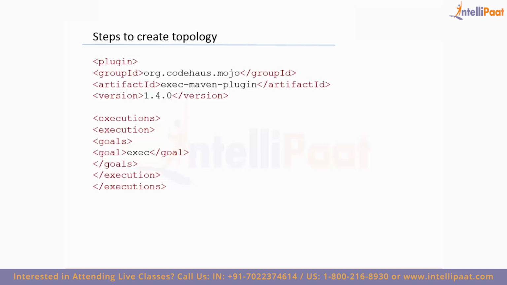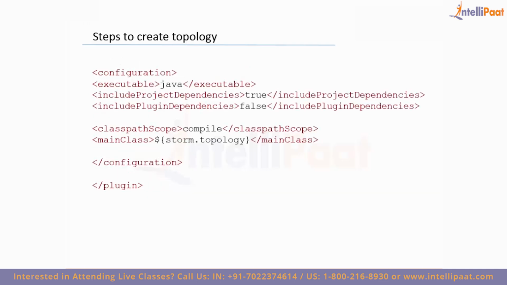Now, first of all, I am going to use the exec Maven plugin, which is going to help me with the execution using Maven. Third is the goal, which states as exec. Also, I am going to add a bunch of dependencies which are going to talk about the classpath scope and which main class is going to be used for my execution to start.